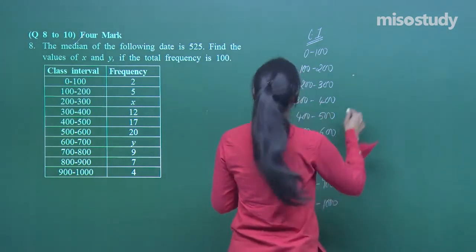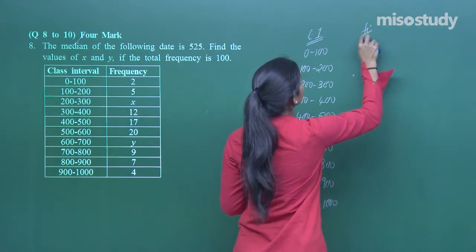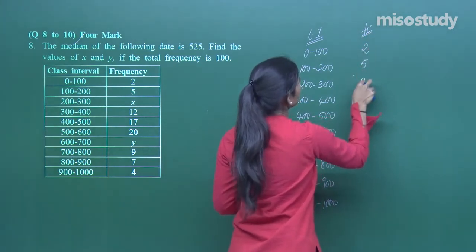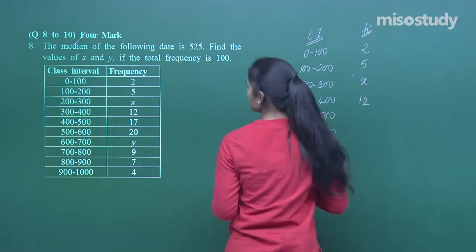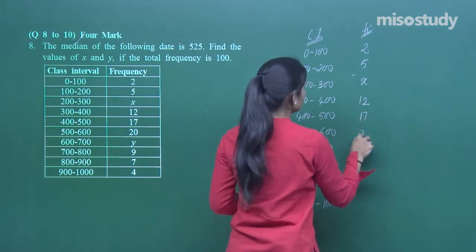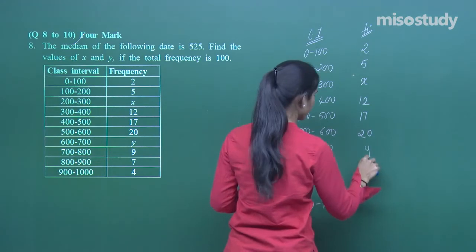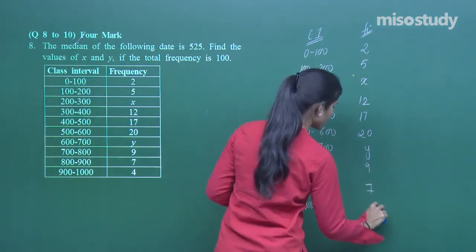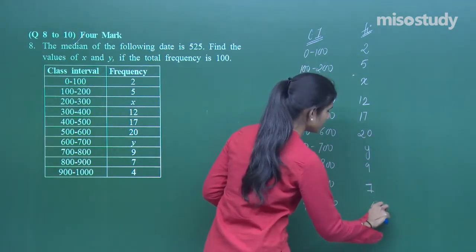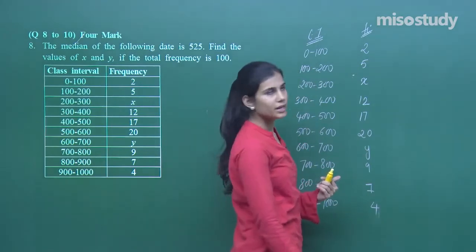Here the frequencies are 2, 5, x, 12, 17, 20, y, 9, 7, 4.